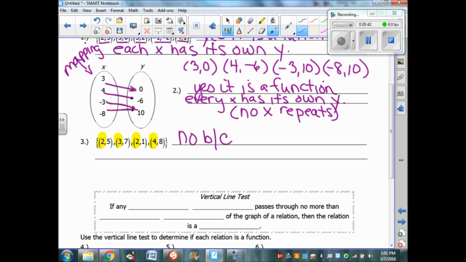No, because 2 has a 5 and a 1 as an output.